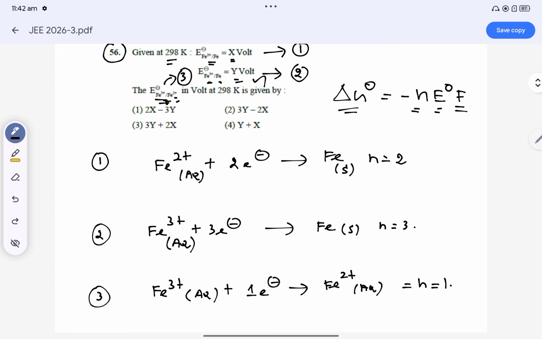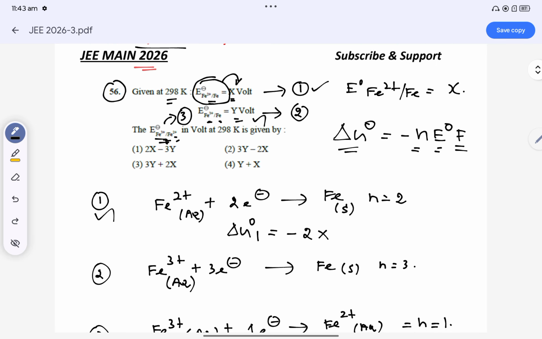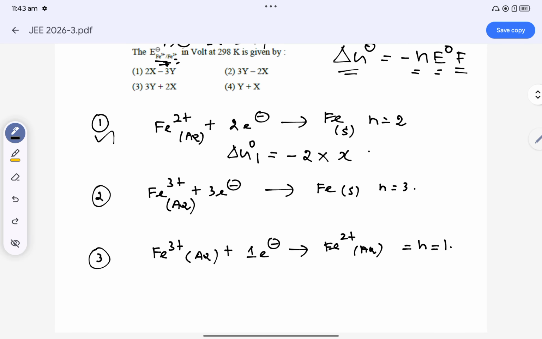For equation 1, I am writing del G naught 1, where 2 electrons are needed. The E naught value for equation 1 is taken as X. Very important, my dear student. For the first reaction, E naught for Fe2+ to Fe is taken as X, so you just write X and Faraday.